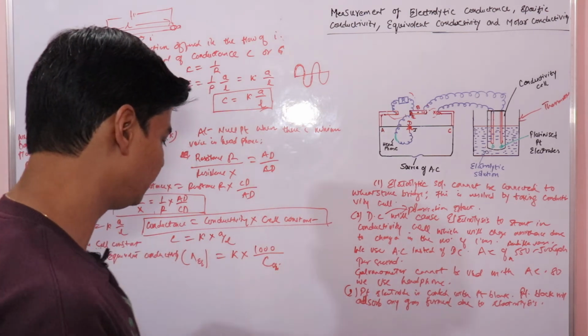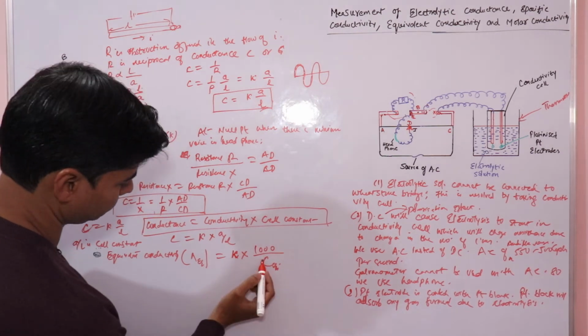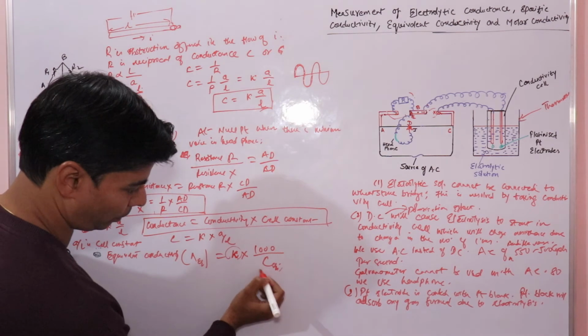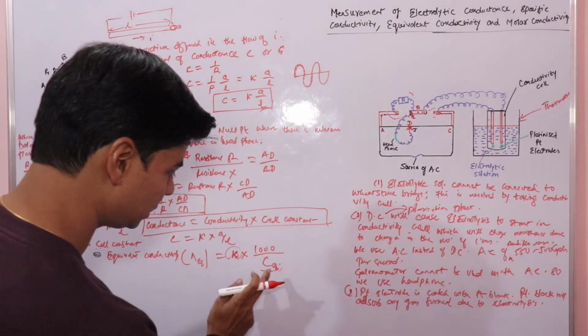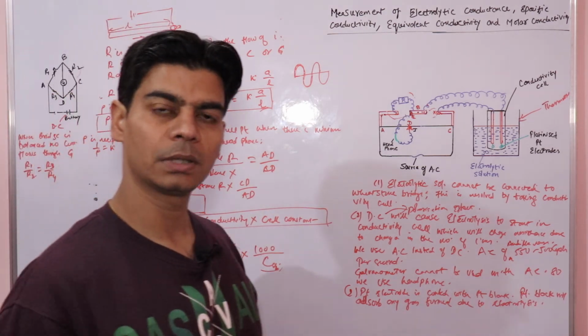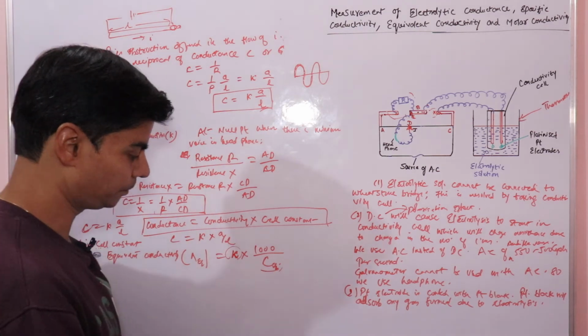So if you know the conductivity and the normality of the solution, we know that in case of equivalent conductivity, this is concentration in gram equivalents per 1000 centimeter cube or per liter of the solution.